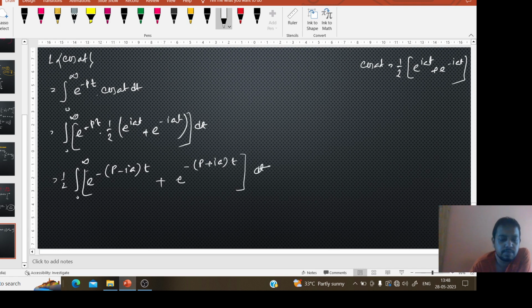and now if we simplify, this is also an improper integral and tends to infinity, so we will get half into minus of 1 by (p minus ia).